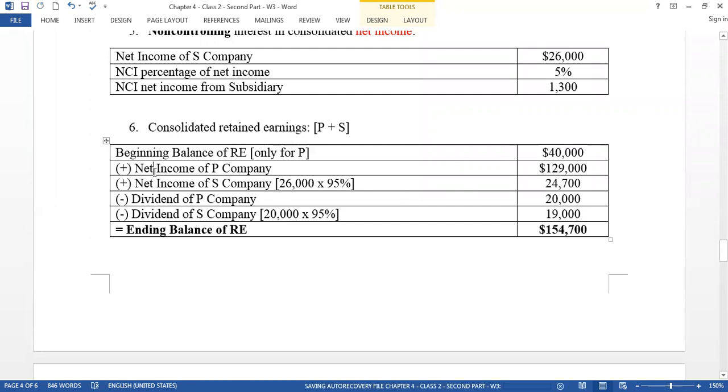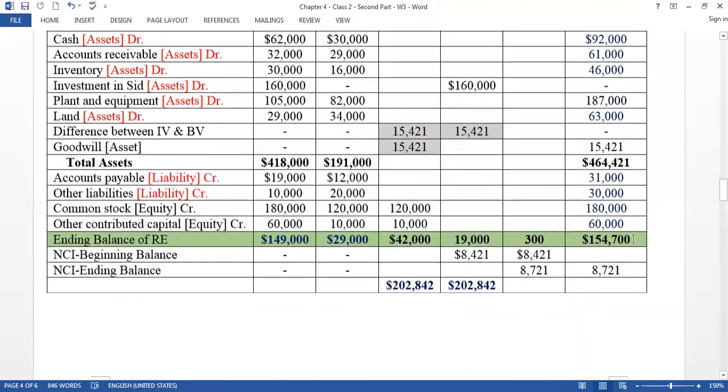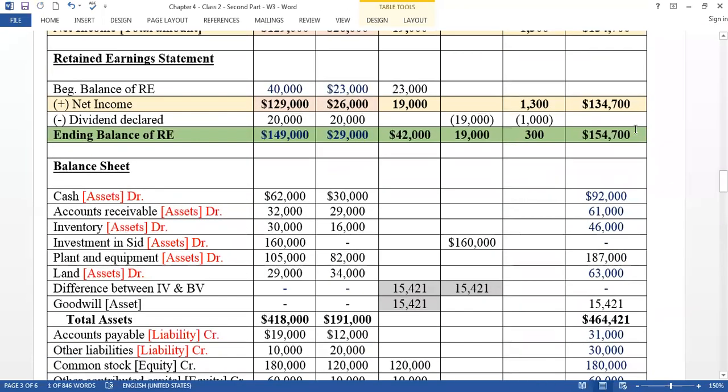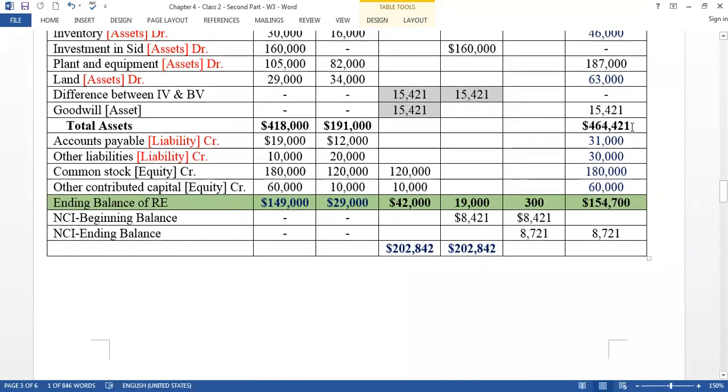Now, when we apply this formula, the beginning balance of retained earnings is only for P because the subsidiary's is already eliminated. The net income of parent, net income of subsidiary, minus the dividend of parent, dividend of subsidiary. The remaining is 154,700. Look here, 154,700. If this number is accurate, and we also calculate this, so if this one and this one are accurate, the total amount should be this account.